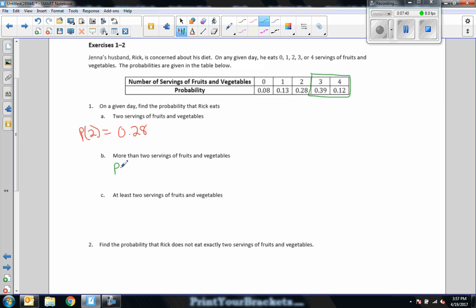So the probability of greater than 2 equals the probability of 3 plus the probability of 4, which equals 0.39 plus 0.12, and that equals 0.51, or 51%, or 51 hundredths.